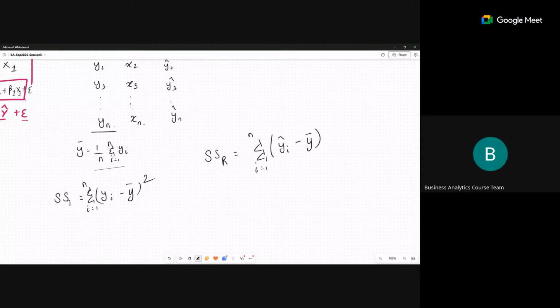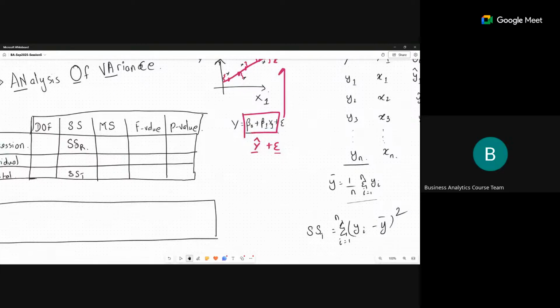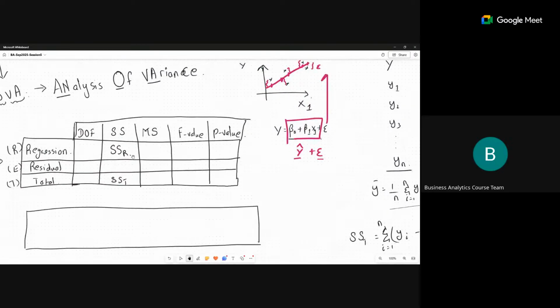As compared to my actual mean, how much am I fluctuating because of this predicted value? That is my SSR, the sum of squares that is accounted for by the regression model, for the regression term. And what is SSE?